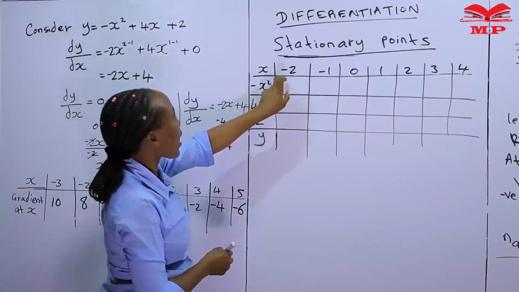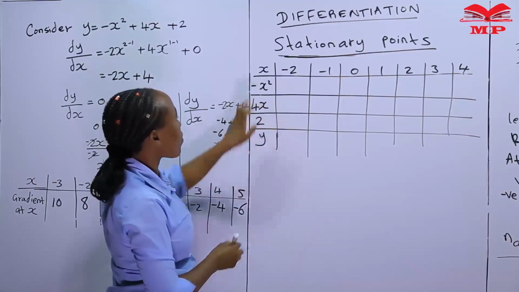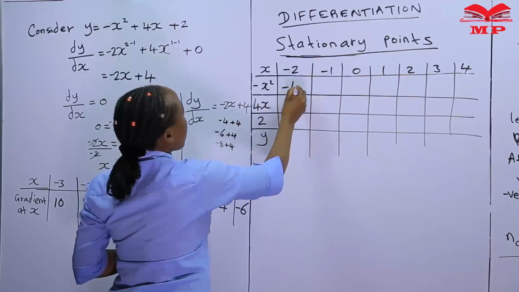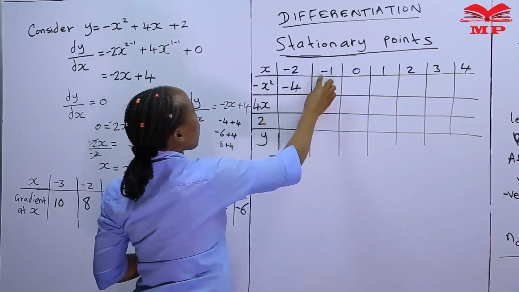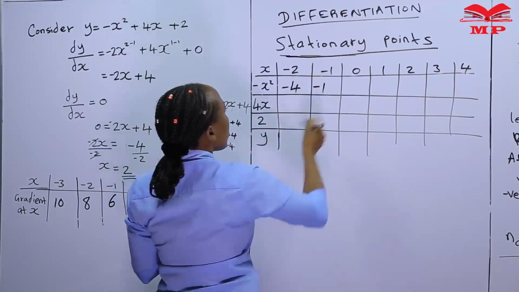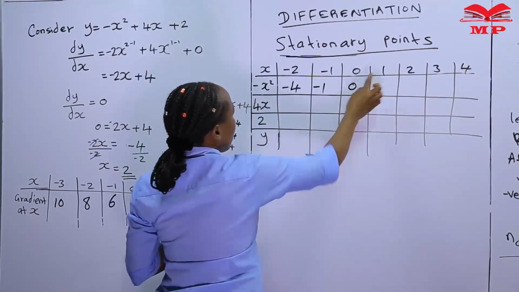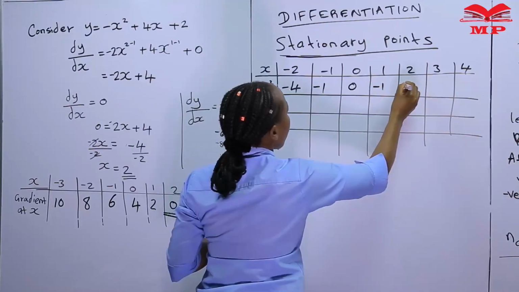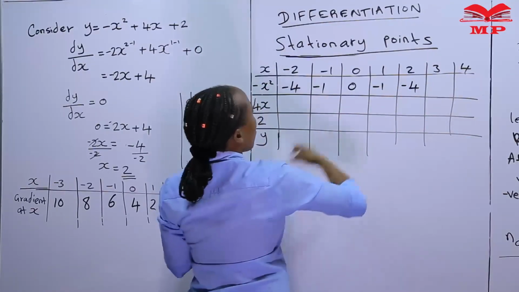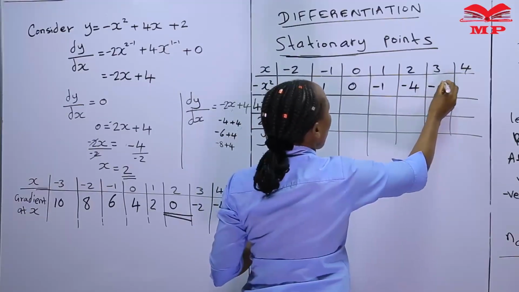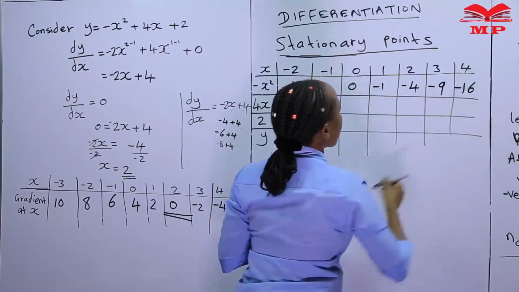We square the x, then multiply by negative 1. So 2 squared is 4, that is negative 4. Negative 1 squared is 1 times negative 1, we have negative 1. 0 squared is 0. 1 squared gives negative 1, 2 squared gives negative 4. We have 3 squared, that is 9, times negative 1, negative 9, and 4 squared is 16, negative 16.